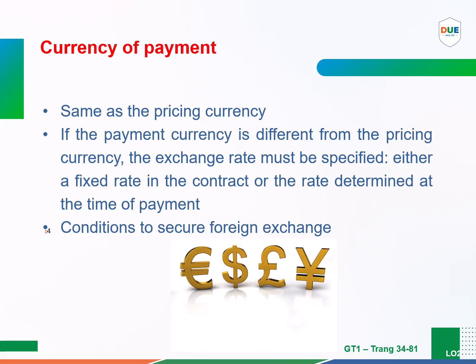For example, if the contract uses USD as the pricing currency with a total value of 100,000 USD and payment is made in FRF at a rate of 1 USD equals 5 FRF, the buyer must pay 500,000 FRF. Therefore, clearly specifying the payment currency and the method for determining the exchange rate not only protects the interests of the parties but also ensures transparency and enforceability of the contract under fluctuating exchange conditions.